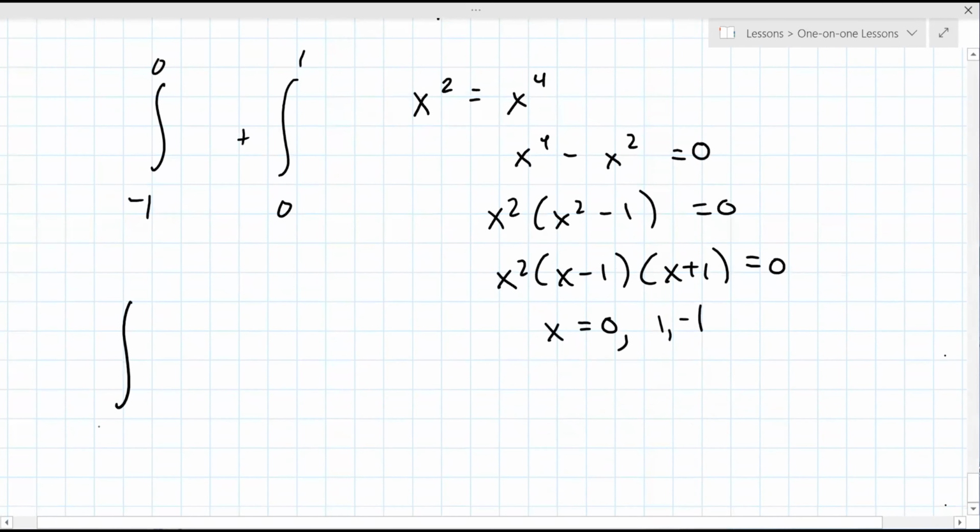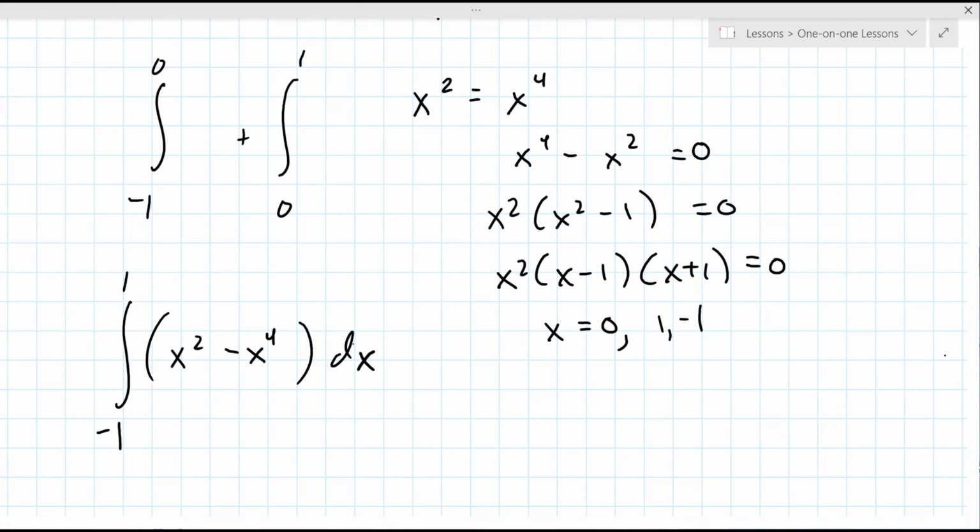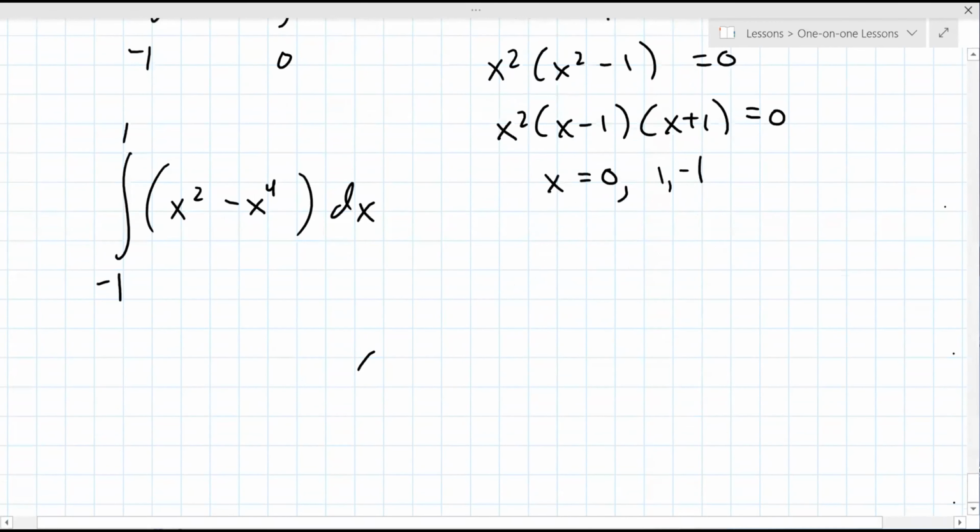So it's the integral from -1 to 1 of x squared minus x to the fourth dx. This one might not work because of the x to the fifth power, but we can.